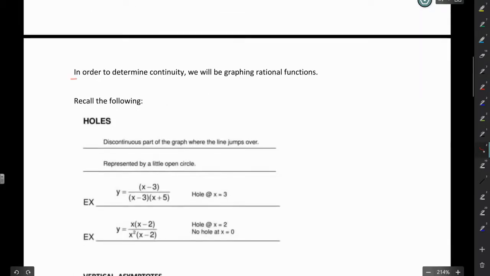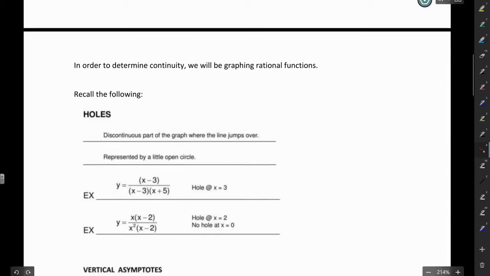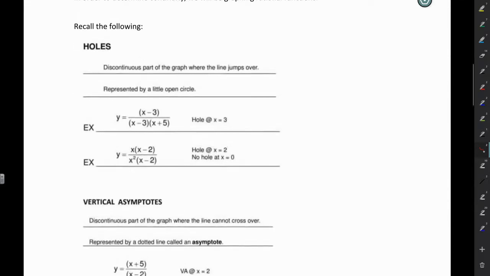So in order to determine continuity, we will be graphing some rational functions, and you need to have some recollection of things that you may or may not remember from the past. The first thing we're going to look at are holes and how you end up with a hole in the graph. That means that we have a discontinuous part of the graph where the line sort of skips over a part. If we're looking at an equation to determine if we have a hole, here's our first example.